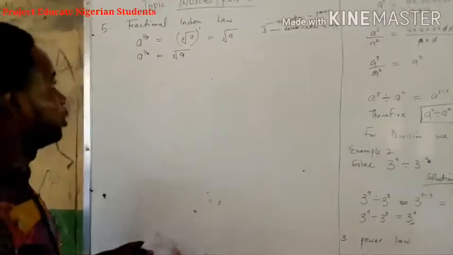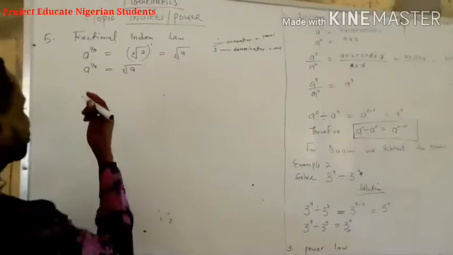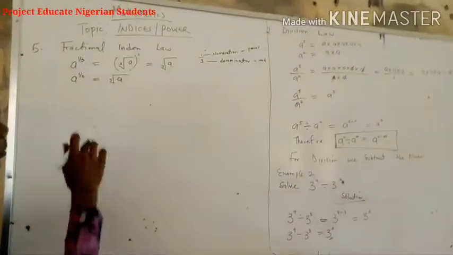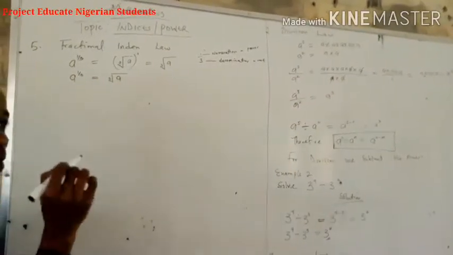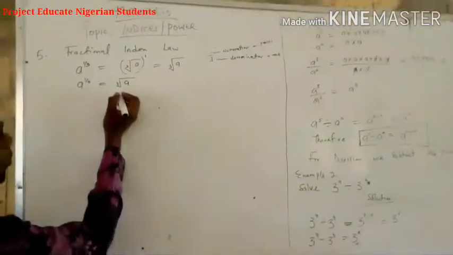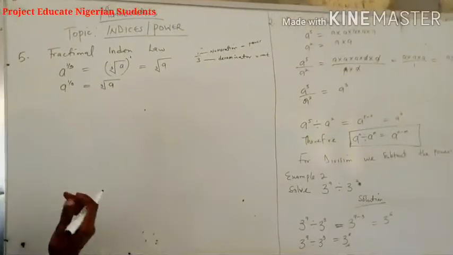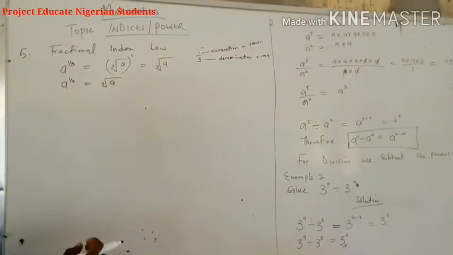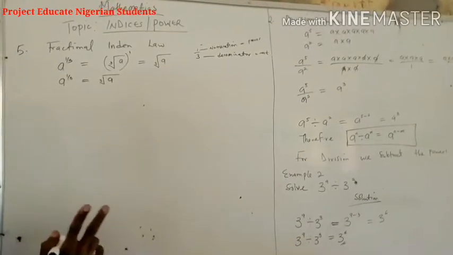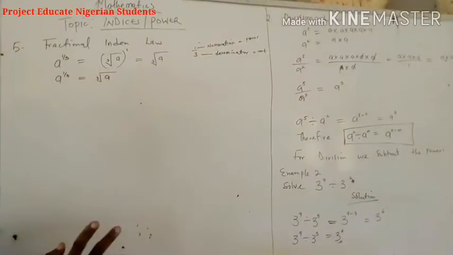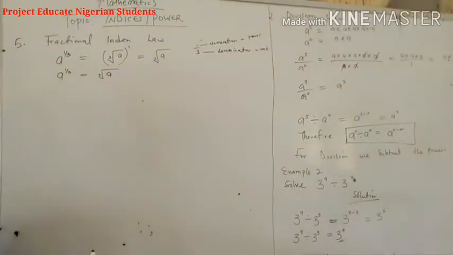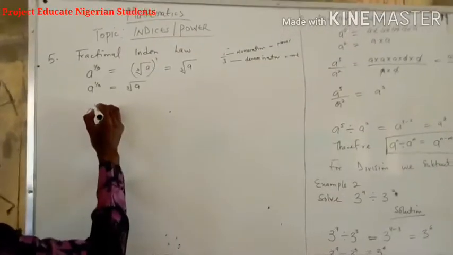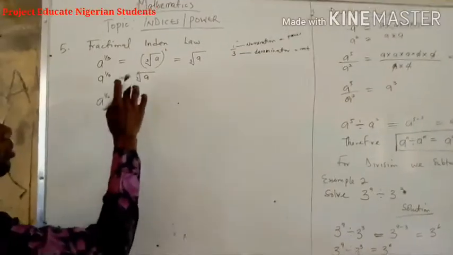Okay? Now let me cite another example. Not all numbers should appear. There is a particular number that when you are writing, it doesn't appear here. And that number is root. When you hear root, see something as 2. Okay? When you hear root, see something as 2. Okay? So I have a raised to the power of 1 all over 2. So do the same thing that we did here.